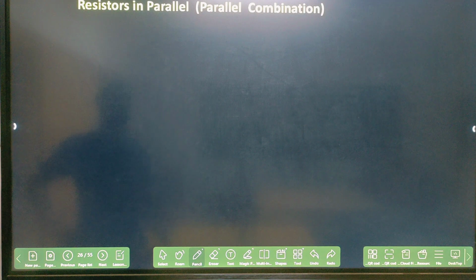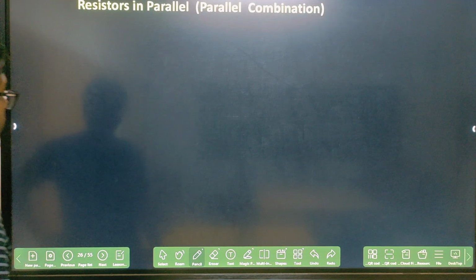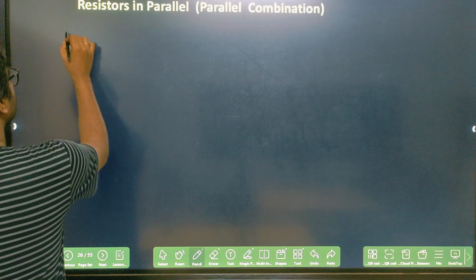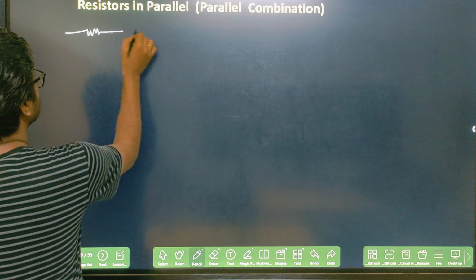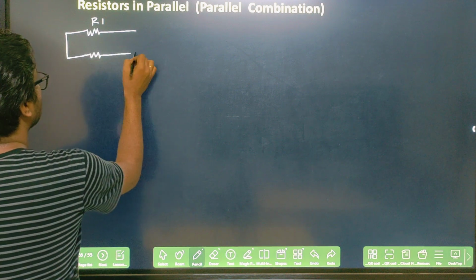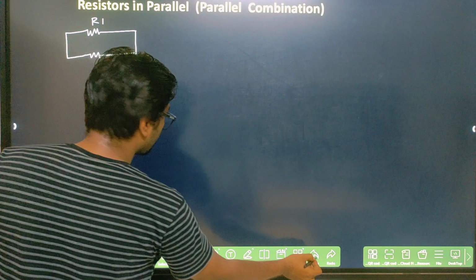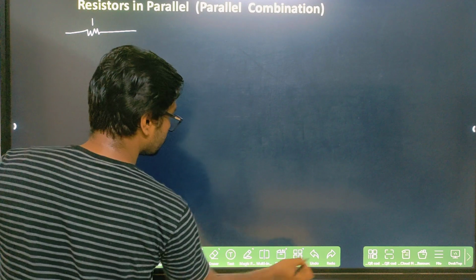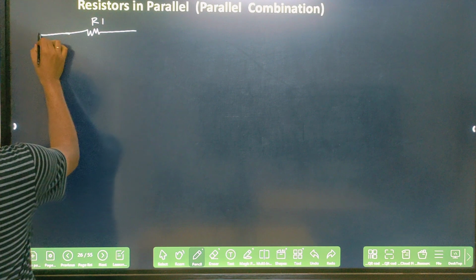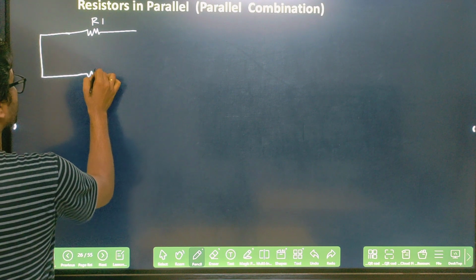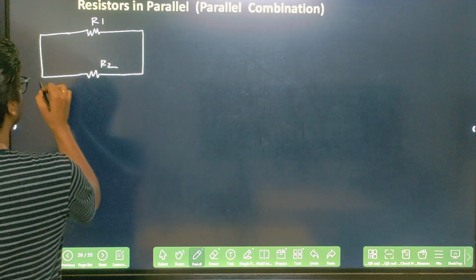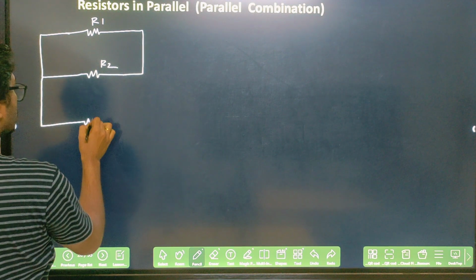Now we will see resistors in parallel, right? Resistors in parallel means, let's say this is your R1 resistor, this is your R2, and this is your R3.